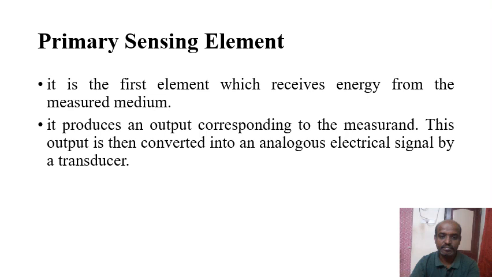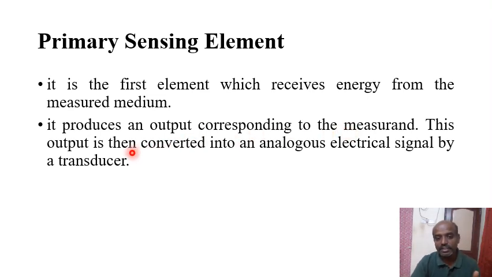Now we are going to see each element one by one. The first one is the primary sensing element. As I told earlier, it is the first element, which receives the energy from the measured medium and produces the output corresponding to the measurement.